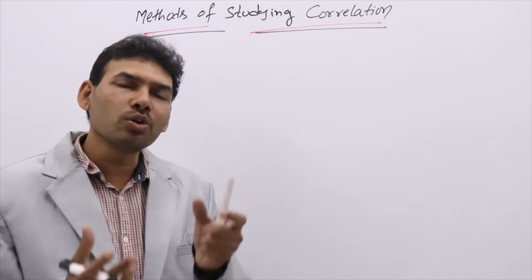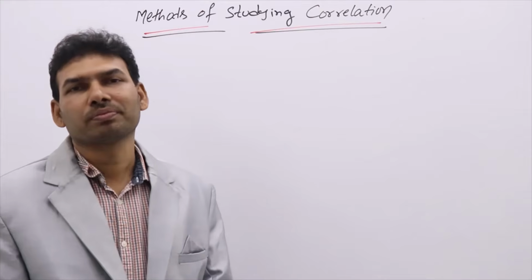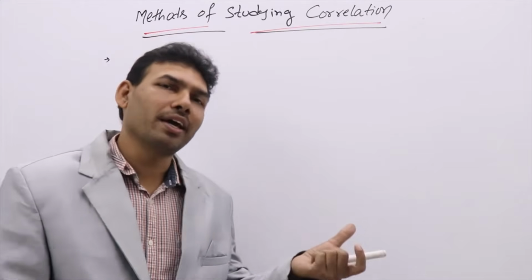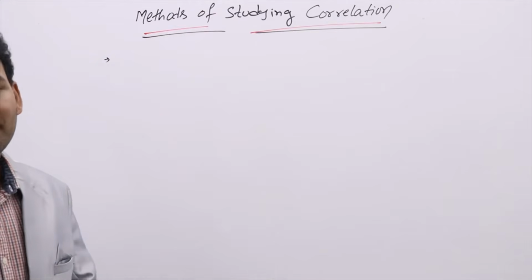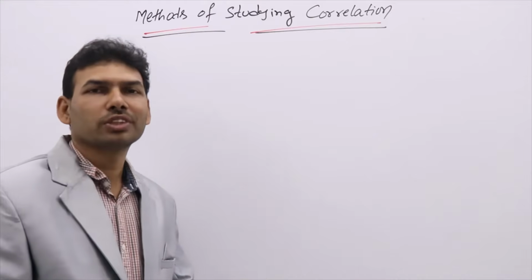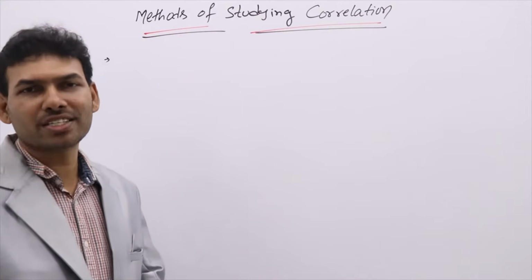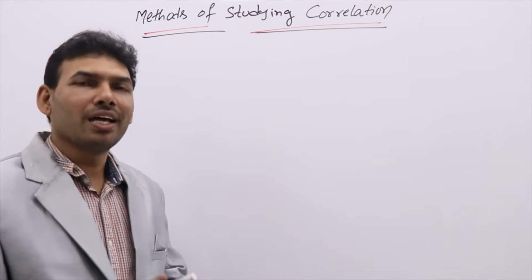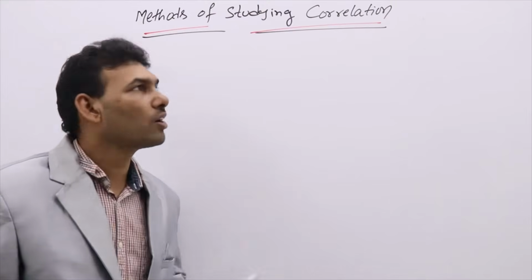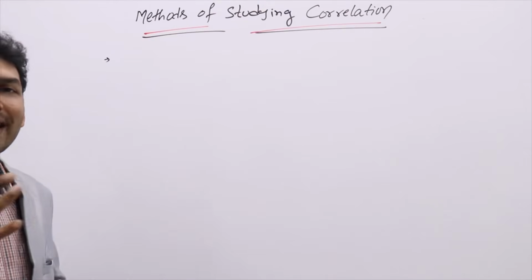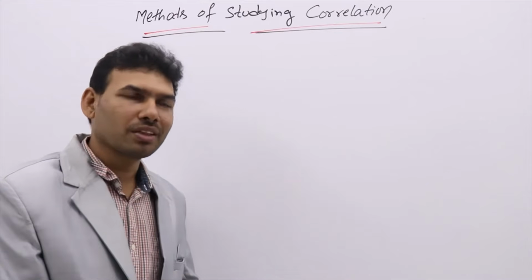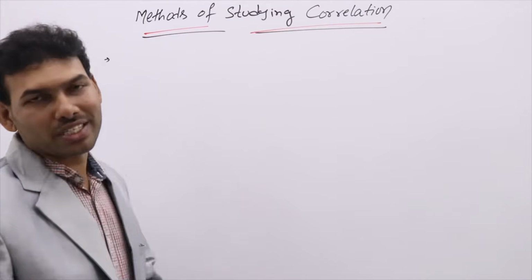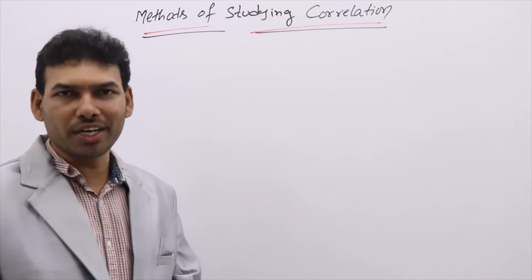Correlation means how two variables are related, by means of one value. Based on one value, how can we decide mathematically, how can we study and analyze the relation? That we are going to discuss in methods of studying correlation.